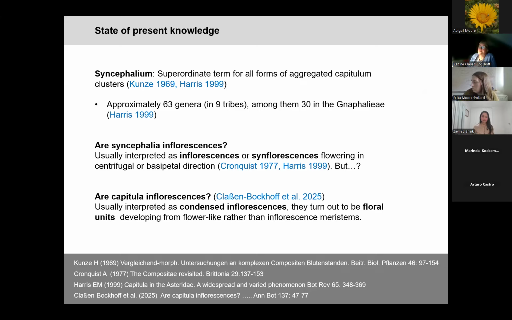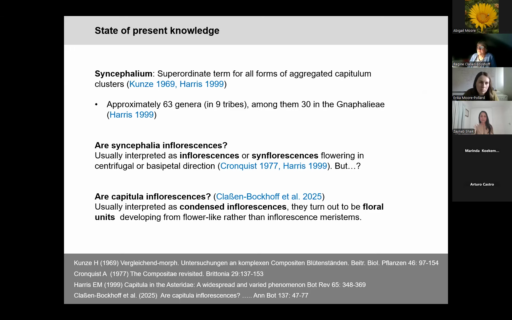In my talk, I asked the question, are Syncephalia inflorescences? They are usually interpreted as inflorescences, and it is usually said that they flower in a centrifugal or basipetal direction. But these assumptions have never been tested.